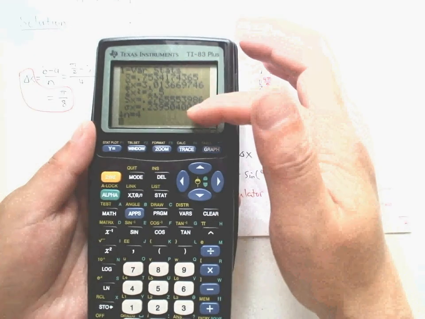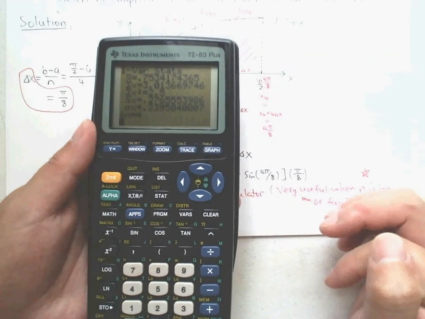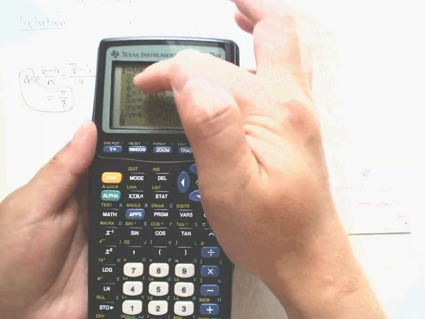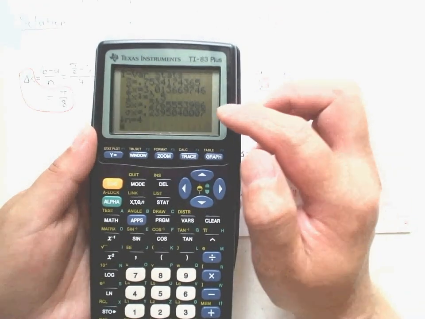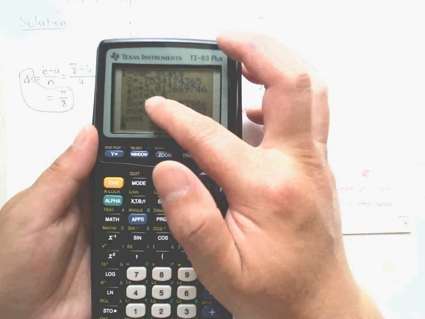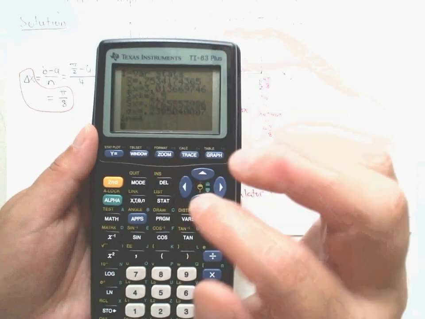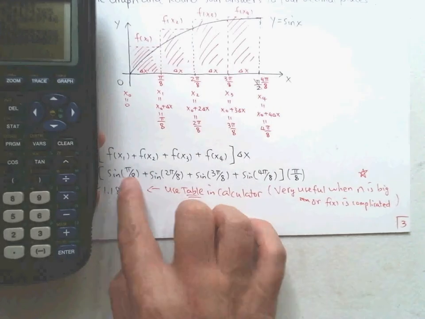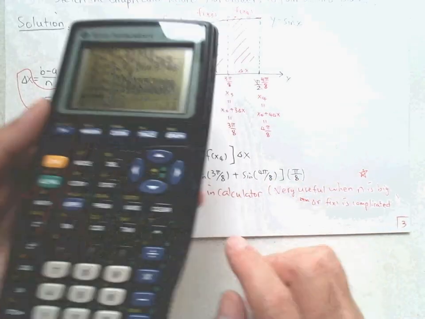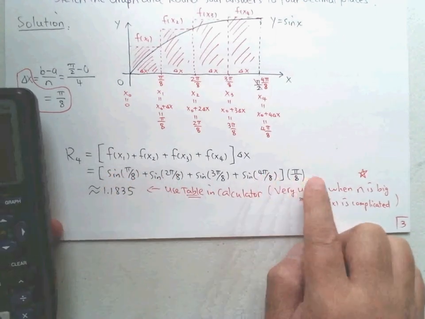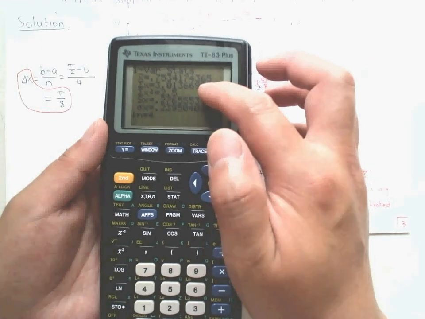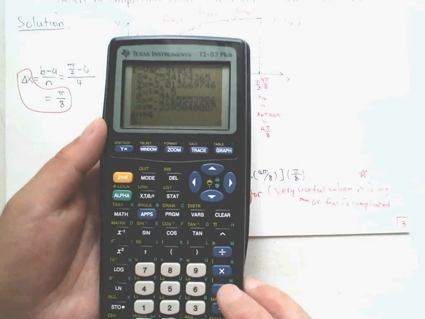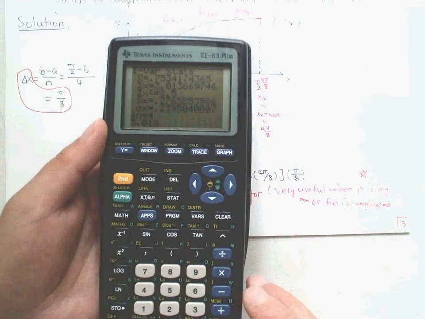Look at it, and you have all the descriptive statistics. I think you learned sigma x, summation. That is the sum. What is the sum? In the calculator it is 3.01 something. Now we have found all this, so we already have the sum times pi over a as the answer.